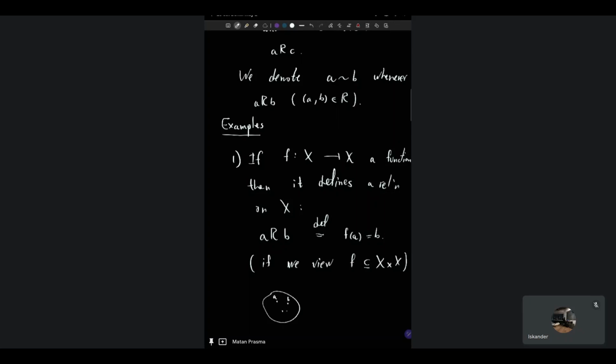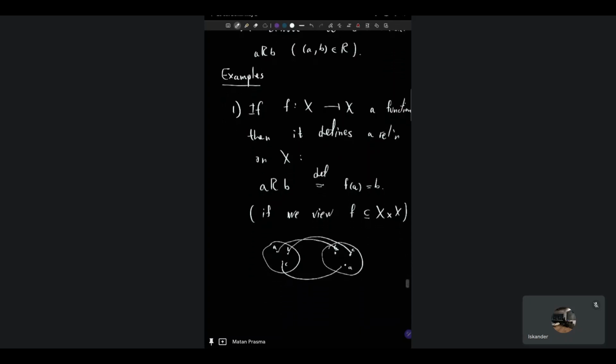I have A, B, and C. I can define a bijective map that shuffles A, B, and C. So let's say A goes to B, B goes to C, and C goes to A. Even if it's bijective, you see that I don't have reflexivity. Unless you have the identity function, you don't have an equivalence relation.